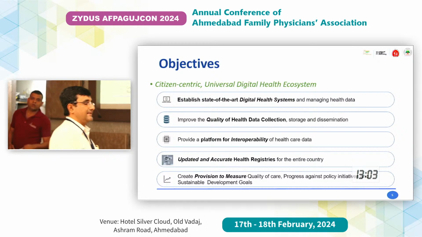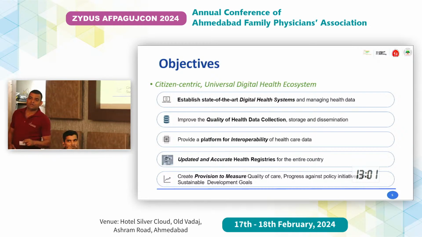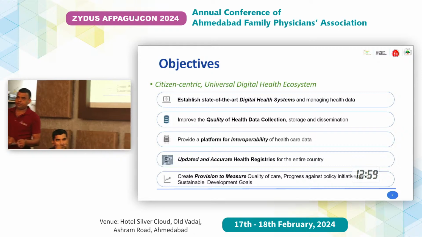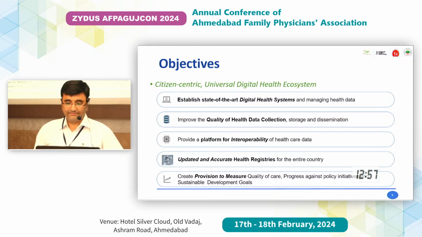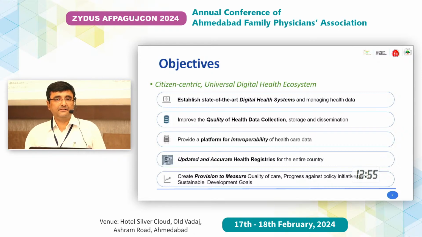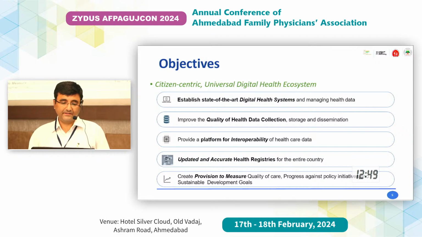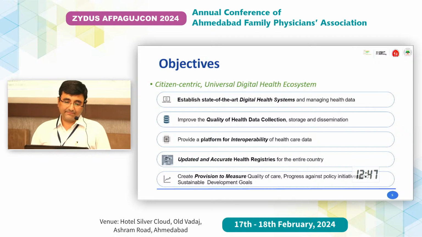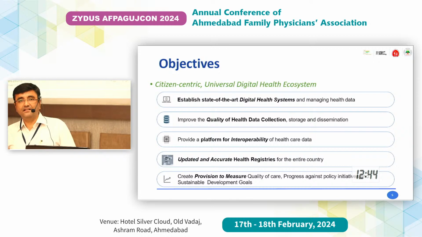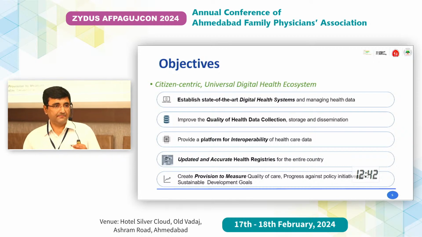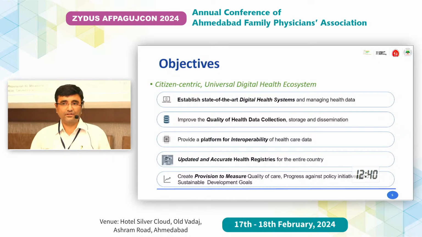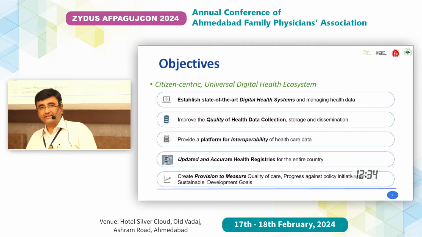It is basically a citizen-centric system with state-of-the-art technology where we can have storage of data and distribution of data in a more quality way. It helps us in collecting data with better validation and better verification, so the quality of data of course improves. The USP of this entire program is interoperability.